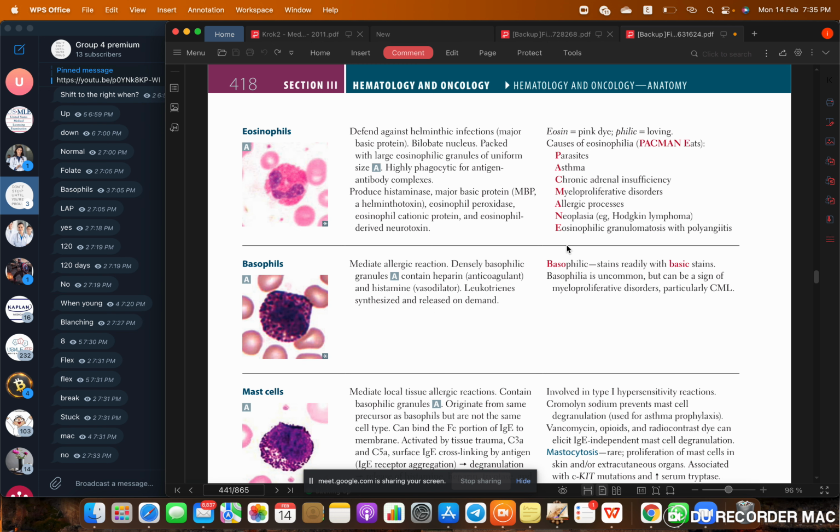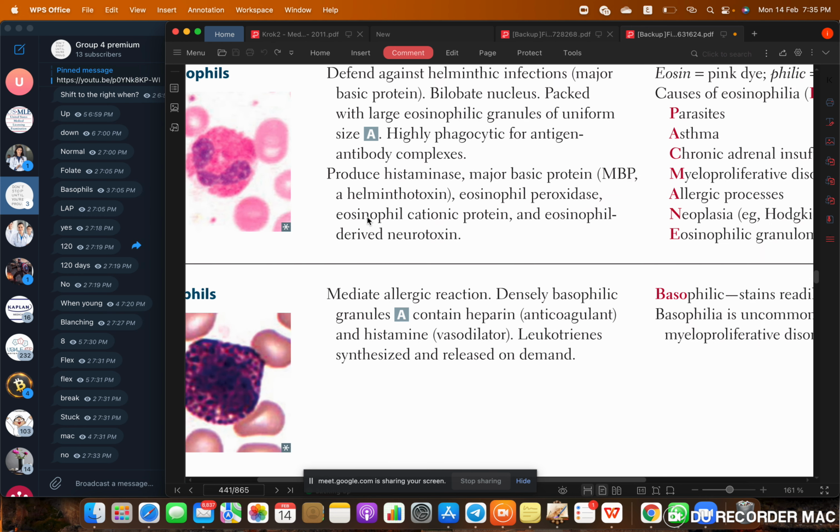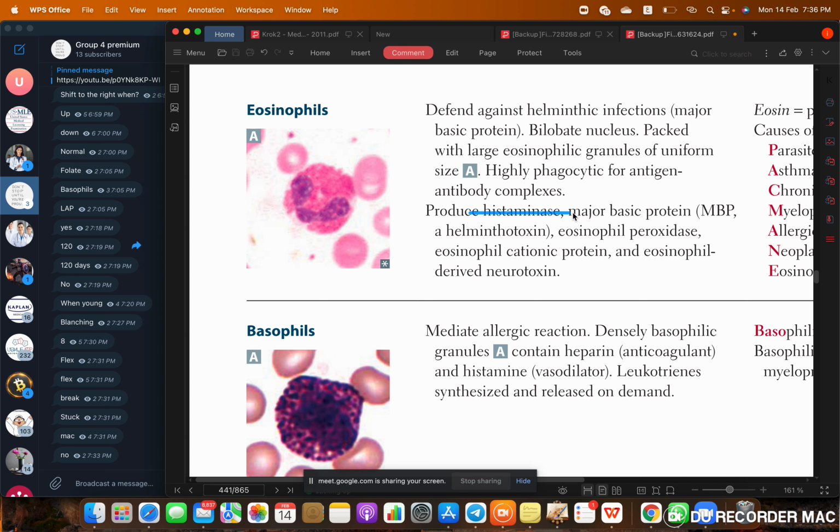So there are a few things that you must master when it comes to eosinophils. There are a few diseases that have a high association with eosinophils. I like the fact that they put them all in Buckman here, so we'll speak about all of these in a second. But eosinophils can produce histaminase and major basic protein, which help to kill what?